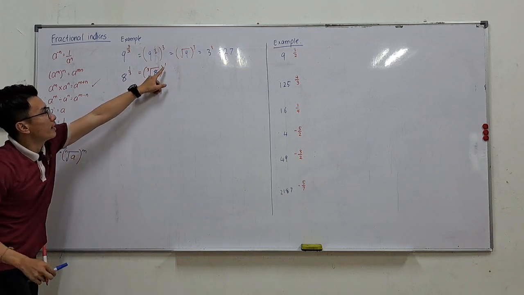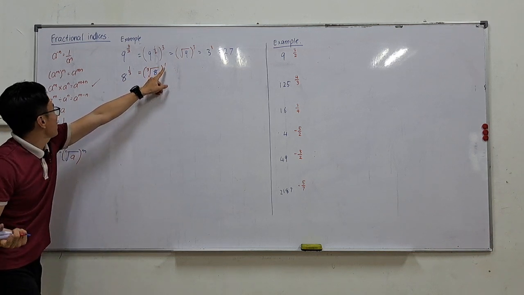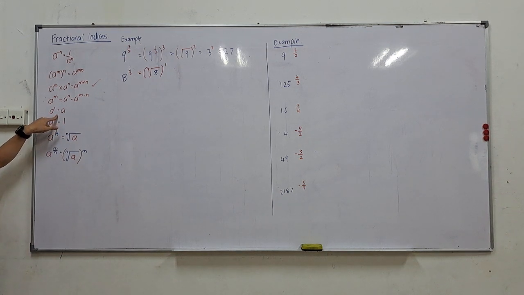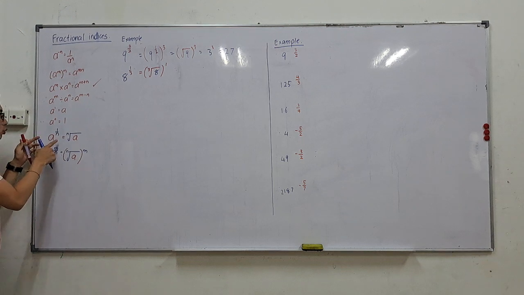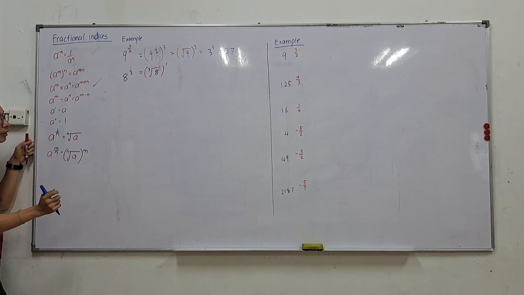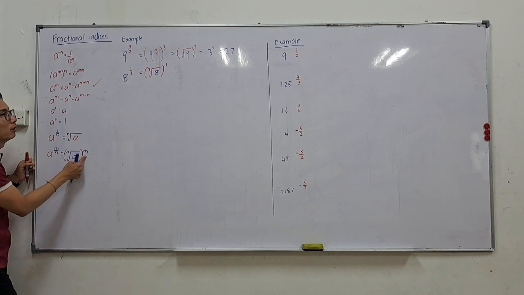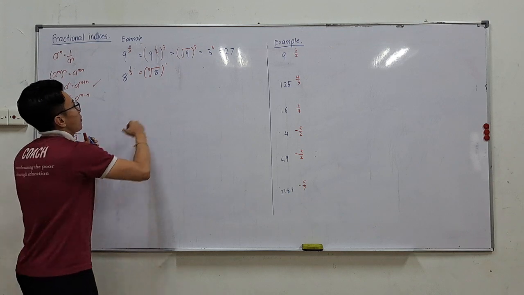We have already understood what this power of 1 means. We have written our rule over here: any number with power of 1, we will get the same number. So that's why in this rule, we didn't emphasize the numerator, because it's going to be the same thing. But in this case, if the numerator is a different number, it's going to be different now. Okay? So that's basically what it means.